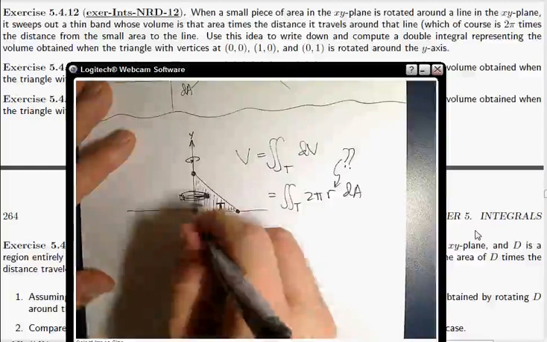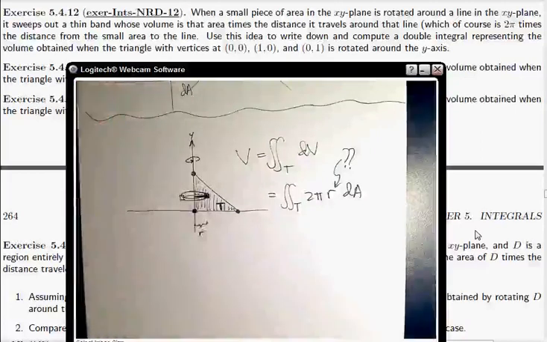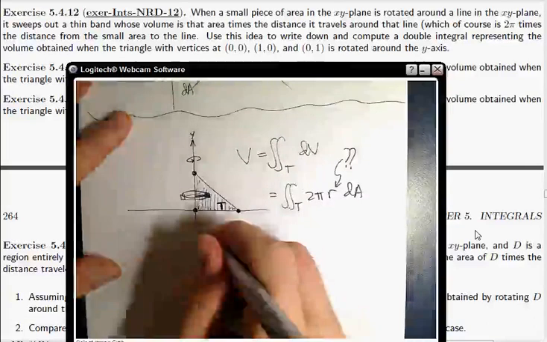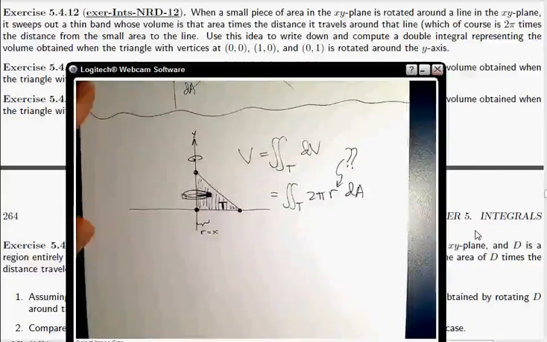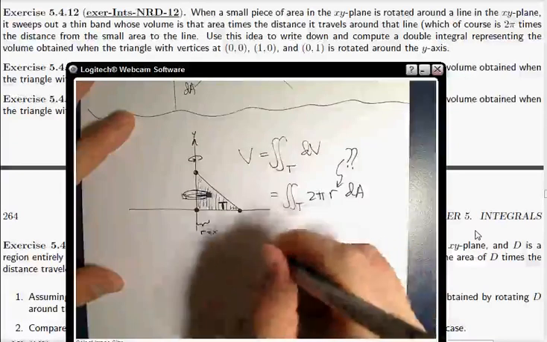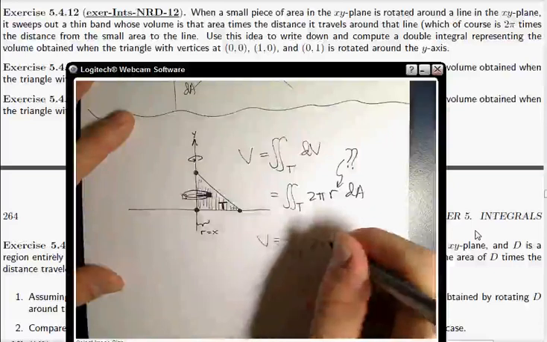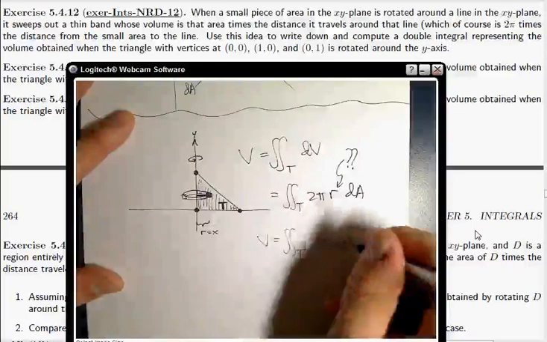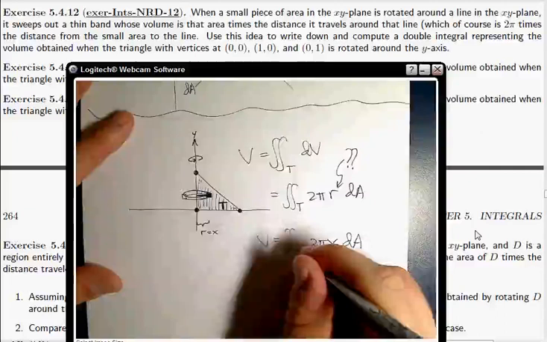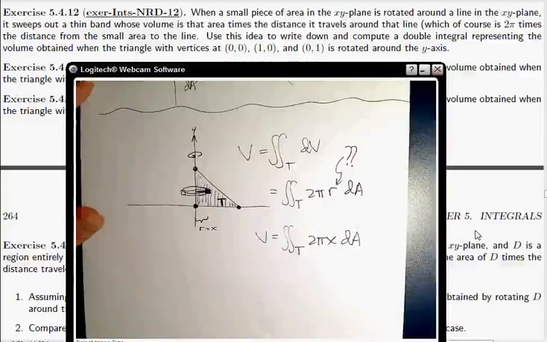It's that distance. That's your r. Does that make sense? And I claim it's x. So all we have is that our volume is a double integral over T of 2 pi x dA. So that's the double integral.